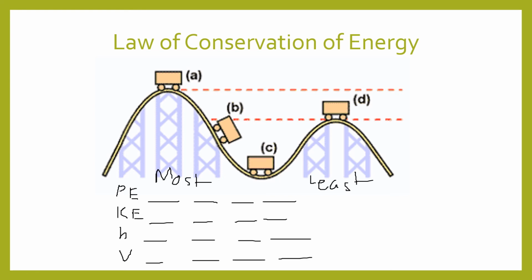I want you to think about this holistically. It's the same object, so that means no friction. All it's doing is turning its energy back and forth between potential and kinetic energy.